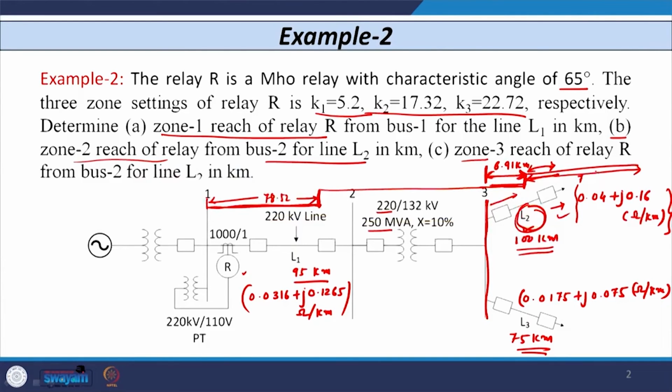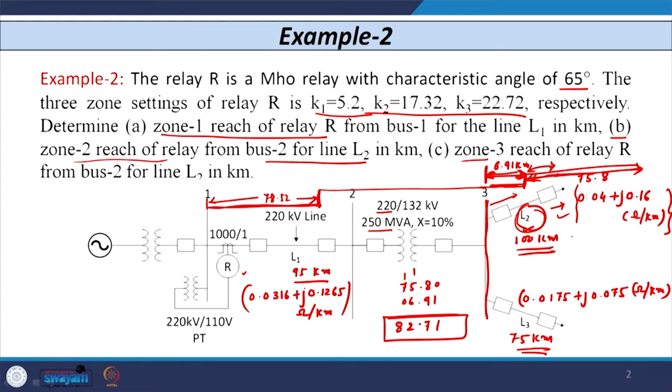If I add the 75.8 kilometers, the zone 3 reach of relay R for line L2, and 6.91 kilometers, the zone 2 reach of relay R from bus 3 for line L2, then this value comes out to be 82.71 kilometers. The total line length of L2 is 100 kilometers.